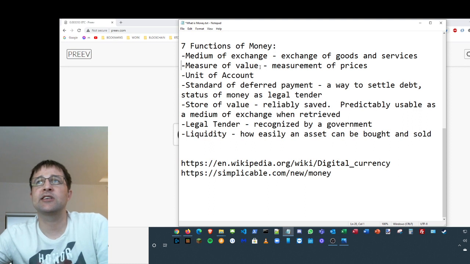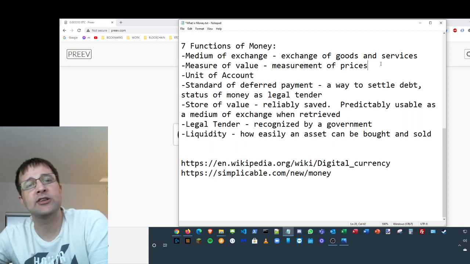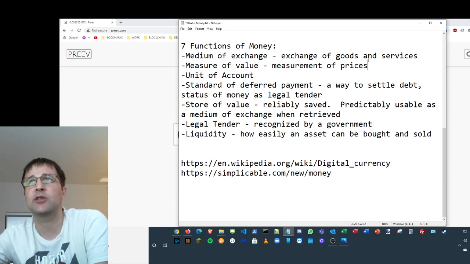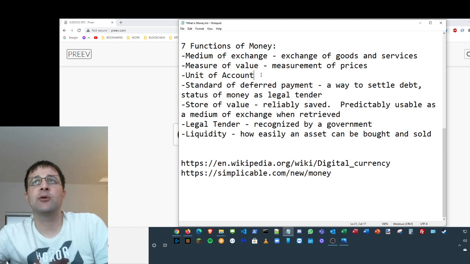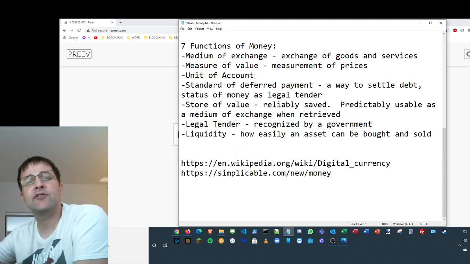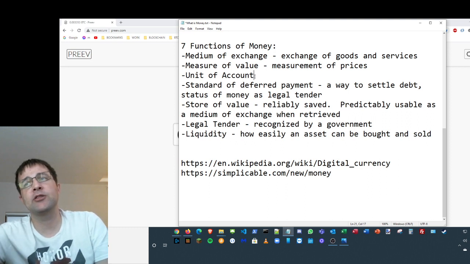The next one says measure of value, measurement of prices. What I just explained was kind of related to that. Unit of account. I put these all together because they're kind of related to each other. Unit of account, I've talked previously about comparing the US dollar, whose smallest amount is called pennies.